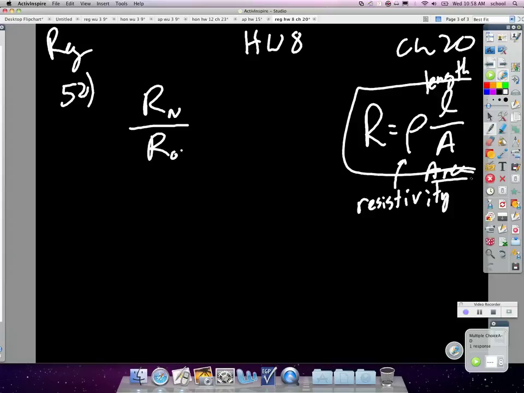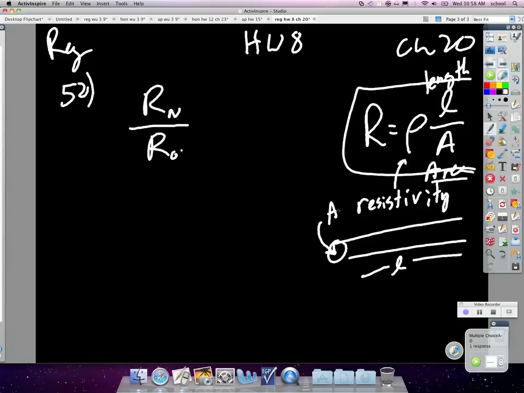So just so you can see what I'm talking about, if this is our piece of wire, this is L, and that is A. Okay? So then, what we can do is say this is rho Ln over An, and this is rho Lo over Ao. Of course, the rhos cancel.